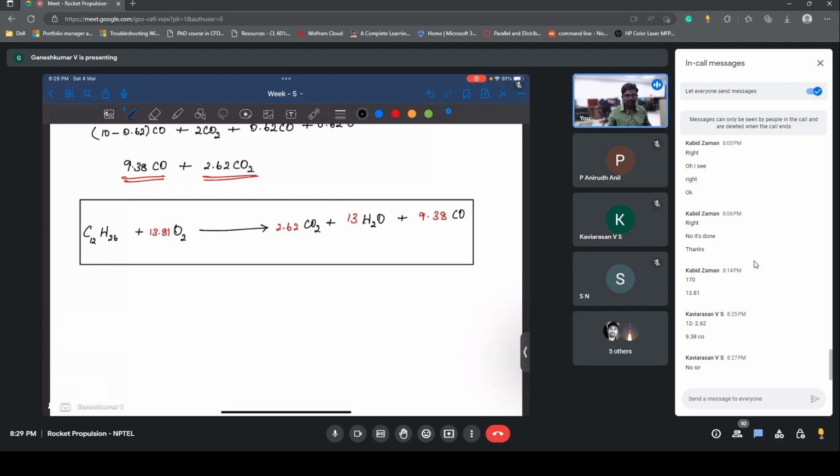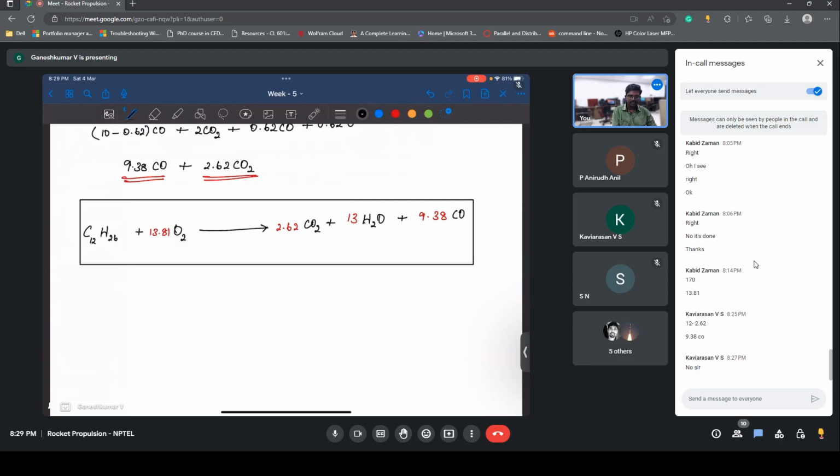You will have hundreds of species. In fact, you might even have aldehydes because it's C12H26, and you can have particles, which are nothing but carbonaceous particles. We will not go that deep for this course.